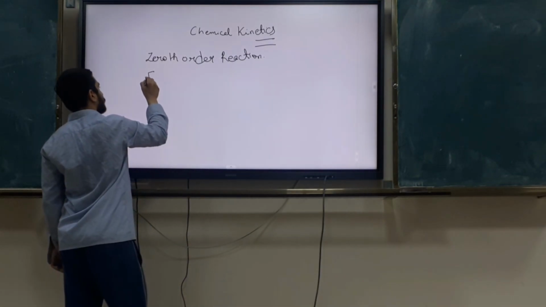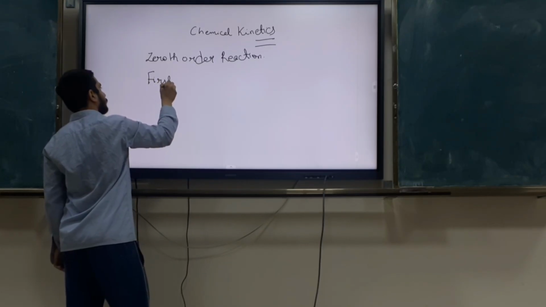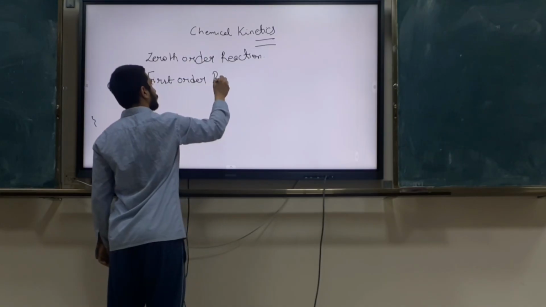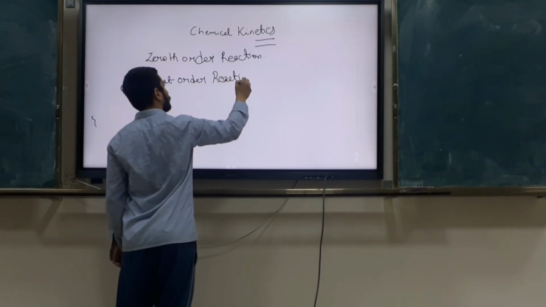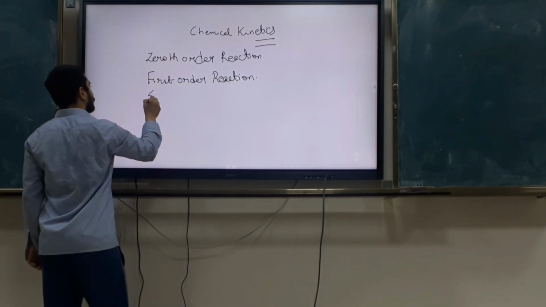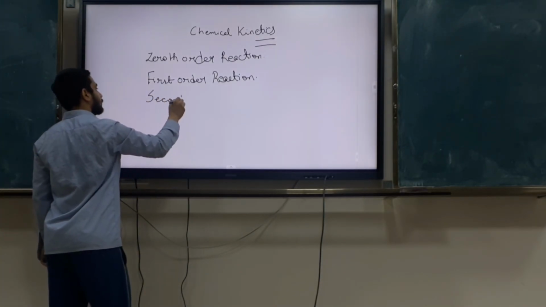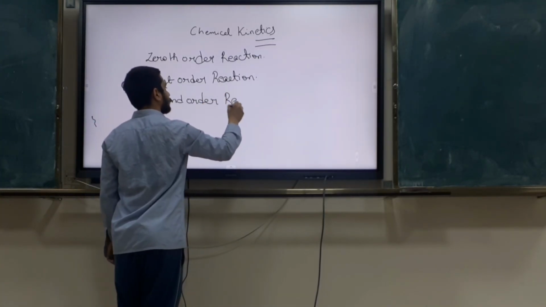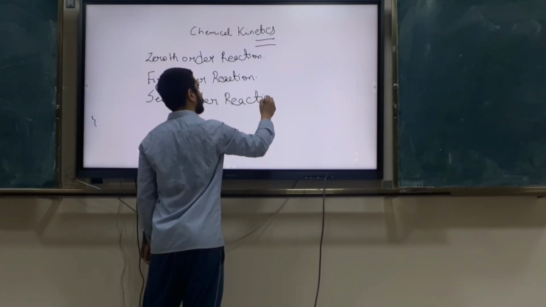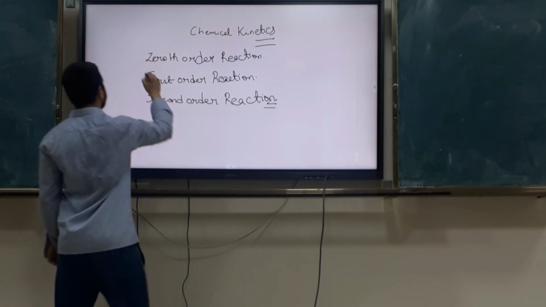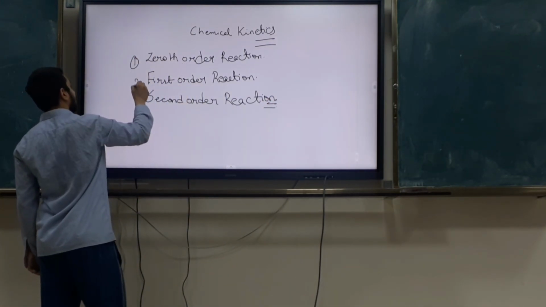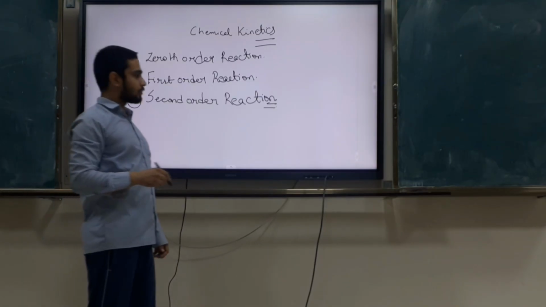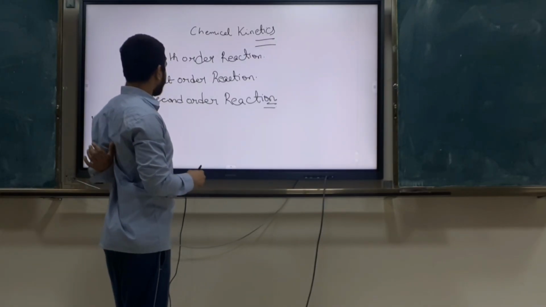First order reaction. And second order reaction. So these are the three standard and important reactions: zeroth order, first order and second order reaction. So we will see them one by one.